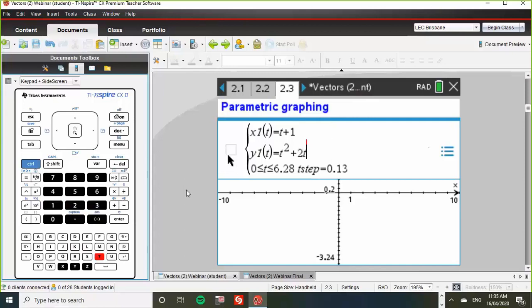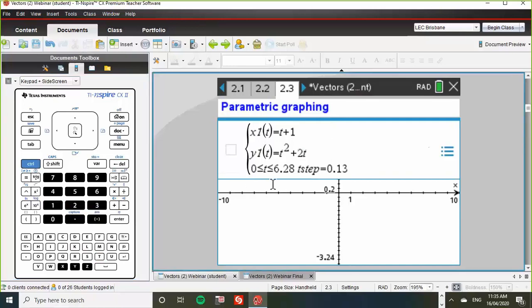Now we want t to be part of the real, so what I'm going to do here is choose a reasonably large negative t value, say negative 100, and a reasonably large positive t value, say 100, and we're graphing at a t step of 0.13. So that should be all right.